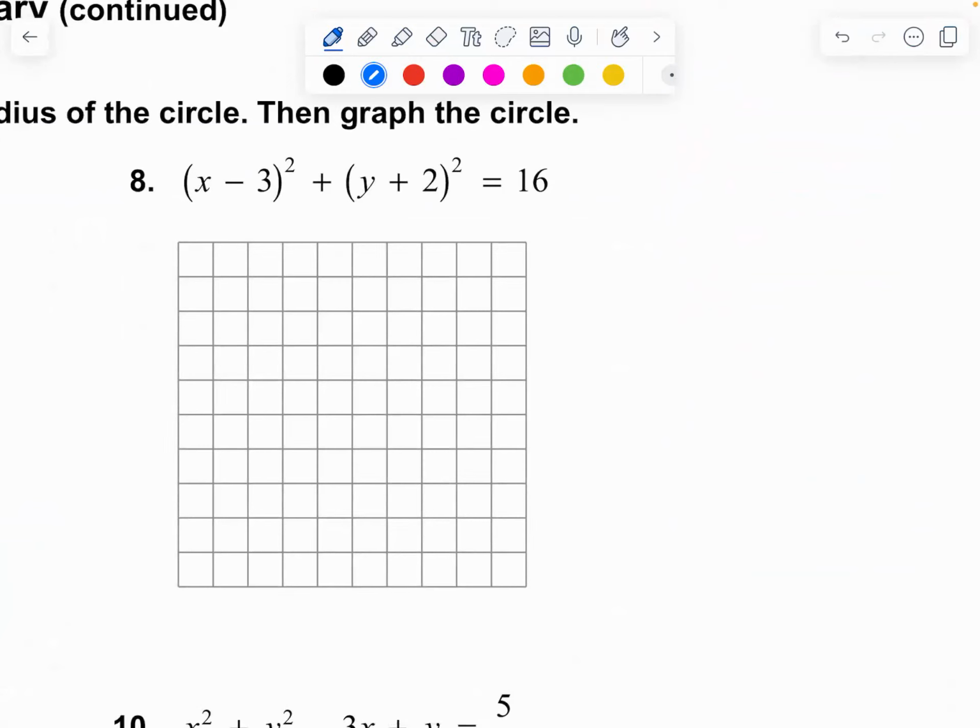All right, so look at number 8. Stop. Tell me what we know in number 8. Where's the center?